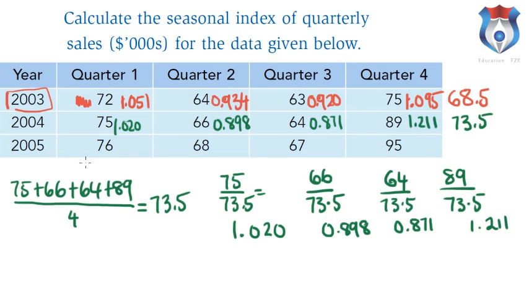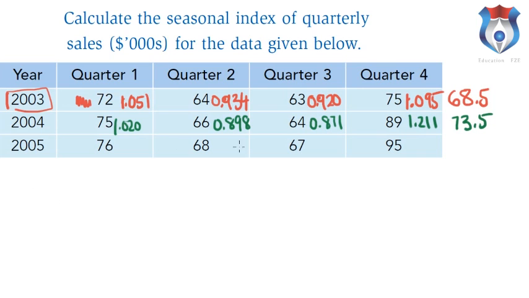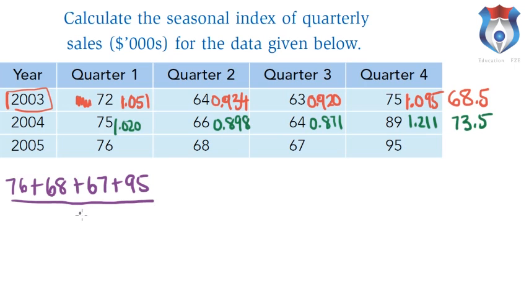Let's do the same thing for 2005. So the first step is to work out the average for that year. So 76 plus 68 plus 67 plus 95. Add them all up and divide by how many there are, which is 4, and I get 76.5. So that's the yearly average.